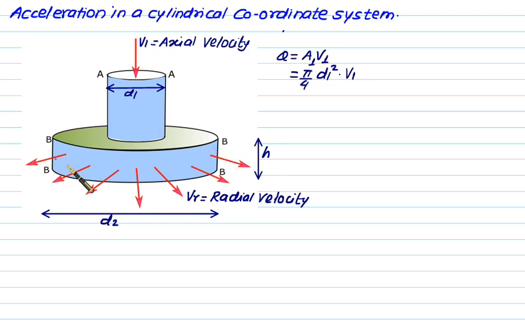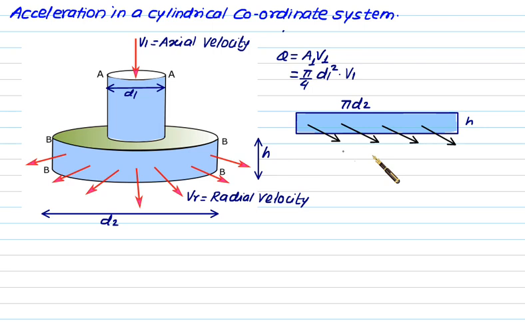If we open the section BB, we will get a rectangular section with length equal to the circumference and height equal to h. So if we develop this section, we get a circumference equal to pi into d2, and this cross section through which the fluid is coming has height equal to h. Through this passage we have a radial velocity Vr which is perpendicular to the given cross section.